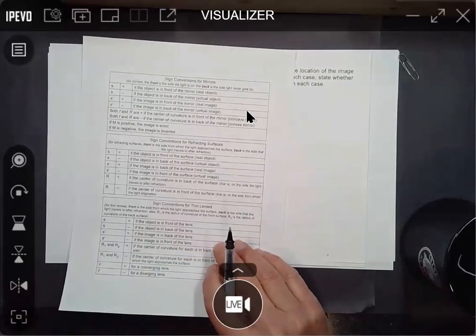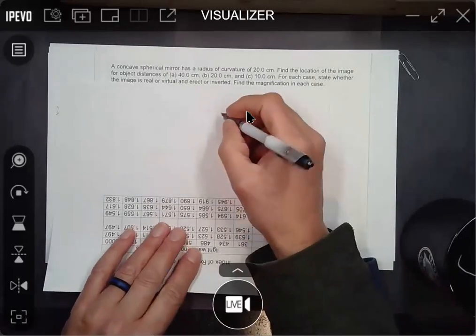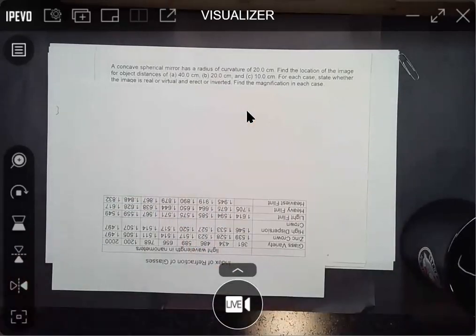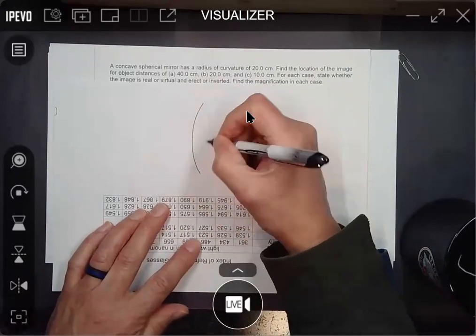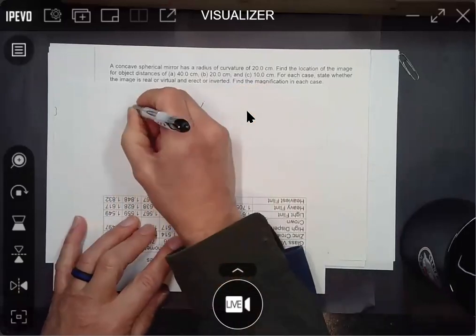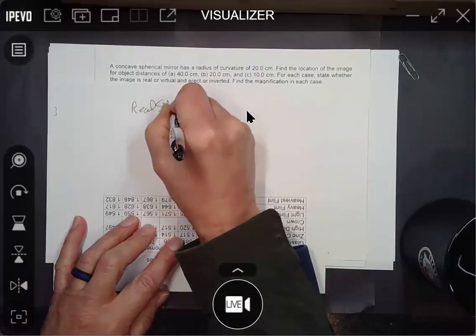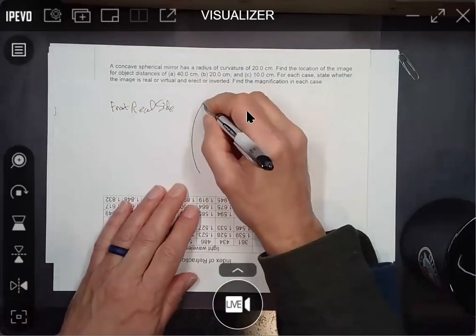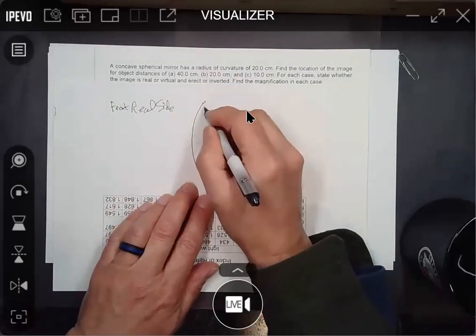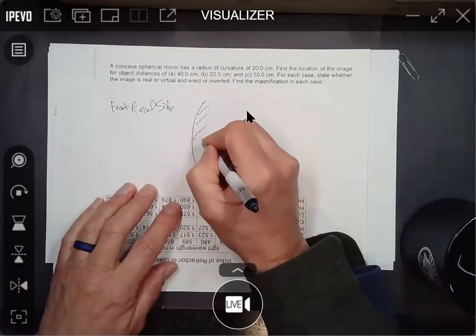So for a convex mirror, let's see, where's my little circle drawer thing? Oh, well, around here somewhere. Anyway, convex mirror, that's one where the light is on this side. This is the real side, or the front is what we call it in this case. And here's a convex mirror, so the mirrored surface is on this side, and on this side, light never gets to it.